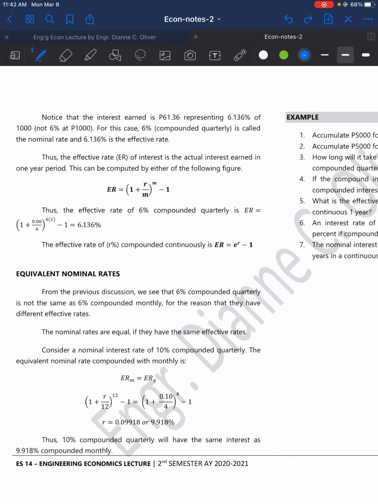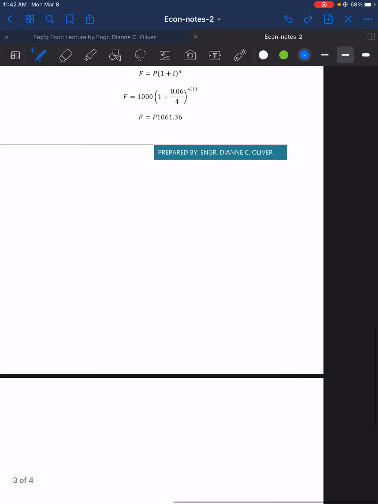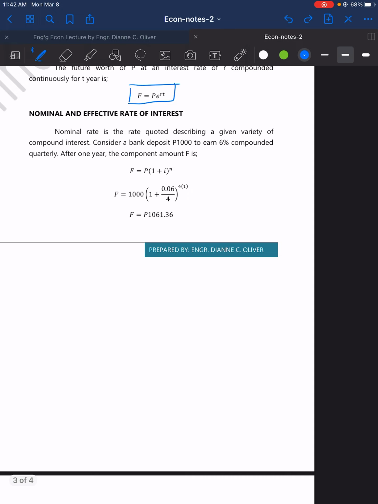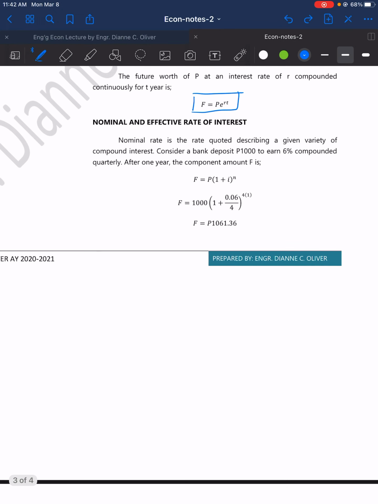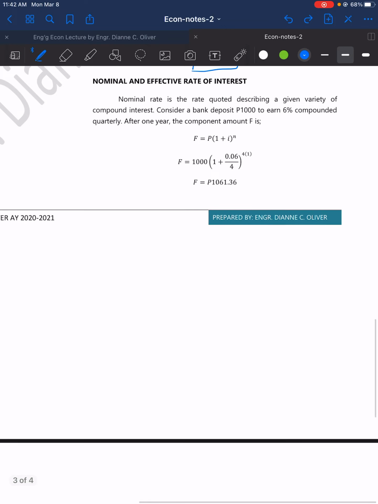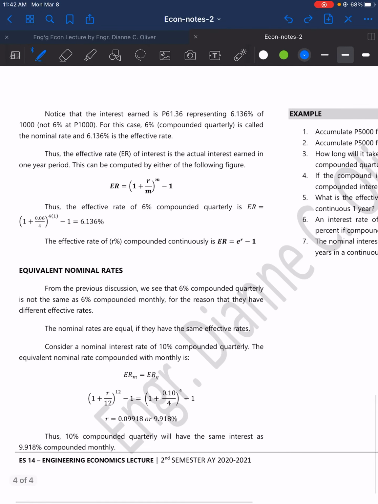Notice that the interest earned is 61.36 pesos because originally our principal amount is 1,000, then the money grew into 1,061.36 in 1 year. So it says there that the interest earned is 61.36 pesos, representing what?